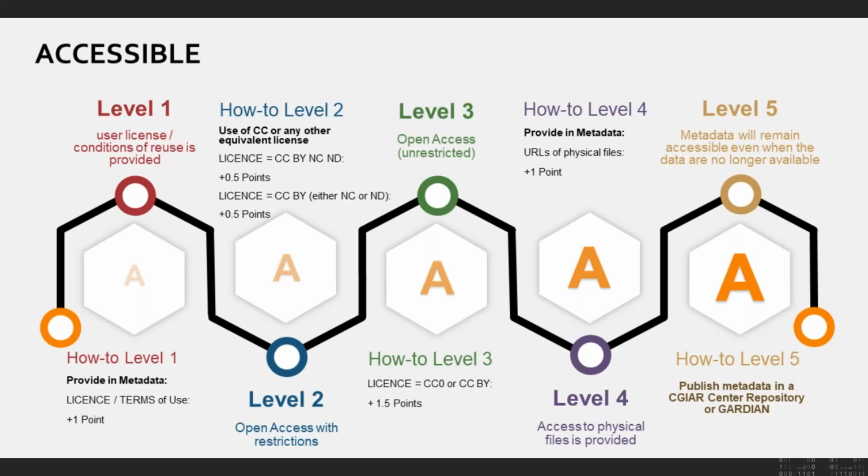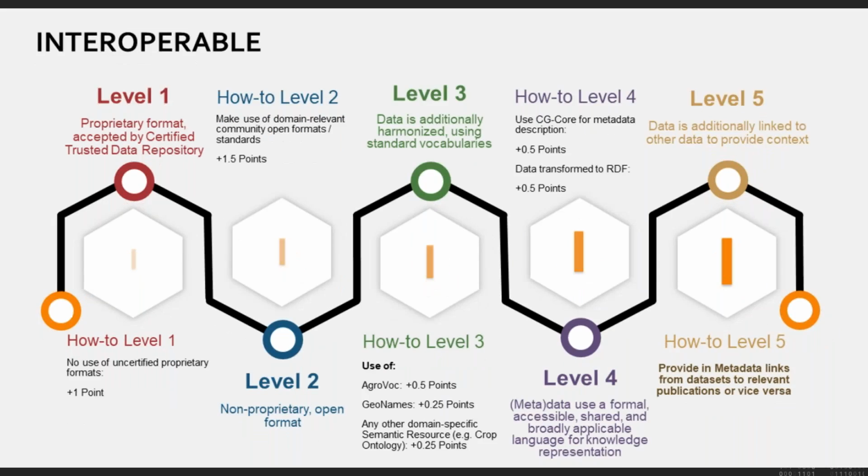If you make your resource completely open, that is, use the least restrictive license on that resource, then you can get even further along on that scale. And then if you provide the URLs of the physical files associated with that resource, then you get even further. So all of these pieces are very clearly laid out here. And what we've done is to actually create a PDF guide that you can download from Guardian, and I'll show you where that is in a minute.